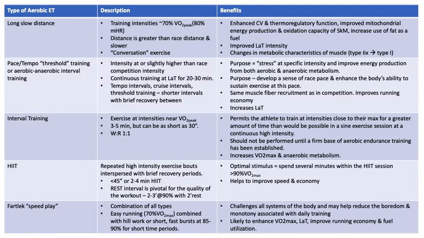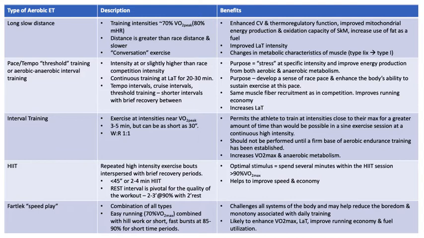This is usually at your lactate threshold for 20 to 30 minutes. It's tempo intervals, cruise intervals, whatever you want to call this. And the purpose is really to create a stress at a specific intensity and improve energy production from both aerobic and anaerobic metabolism. This is the tempo or the pace that will really increase your lactate threshold and metabolic efficiency.